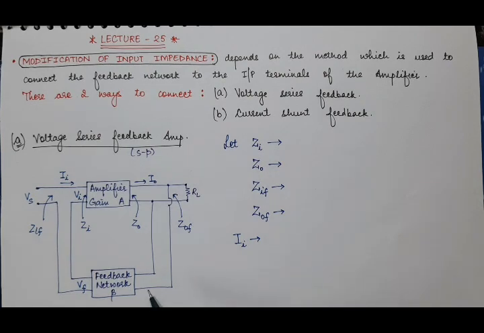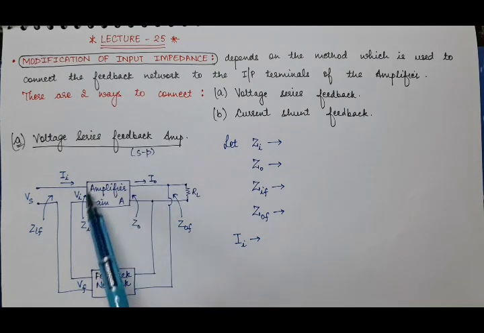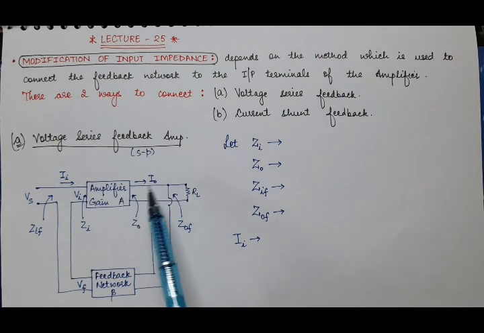Here I have drawn the block diagram of the voltage series feedback amplifier. It is a series-parallel feedback amplifier, where the input connections of the amplifier and the feedback network are in series, and the output connections are in parallel.